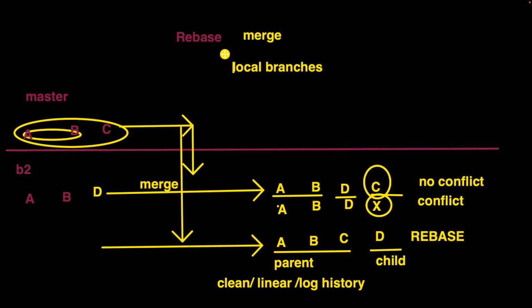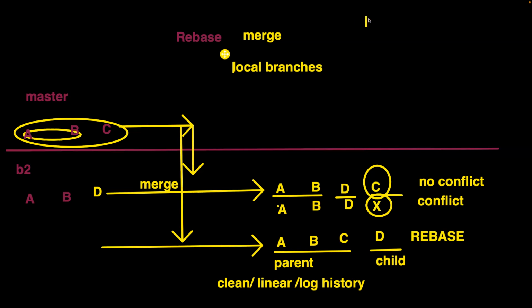This is the type of rebase, and like I said, it's not very often used, it's very rarely used, because we need parallel development only. We don't need this kind of clean log history. For smaller apps, at times we may use it, but we don't use this in general.